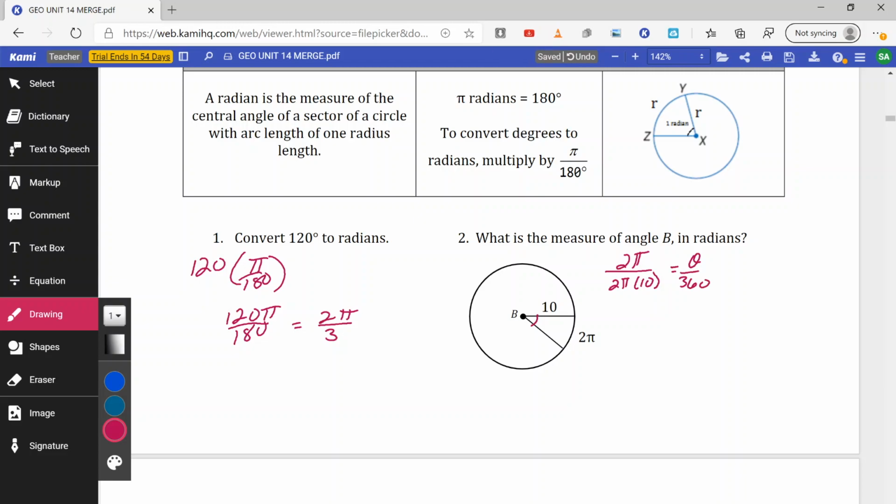So we can cross multiply, so we got 720 pi is equal to, and again we don't know what our angle is, so there's our unknown, so we have 20 pi times our angle. So I'm going to divide by 20 pi.